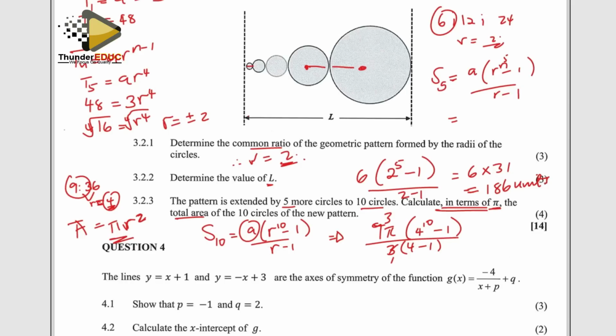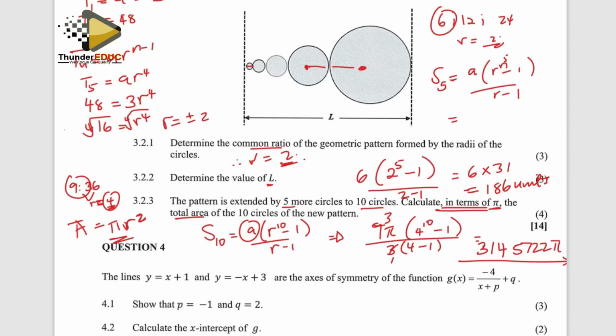I'll have a 3 there, and then 3 multiplied by that whole thing. Okay, then I'm getting 3,145,722, and then there's a pi. So my answer must have a pi in it.